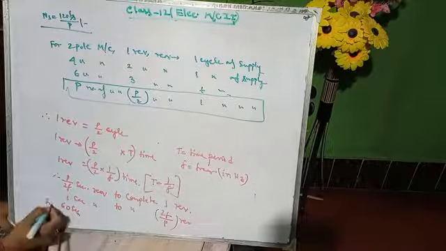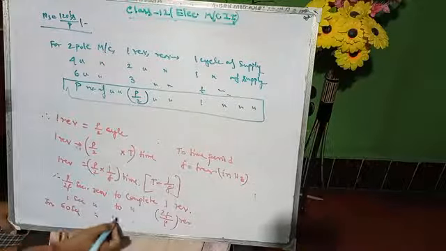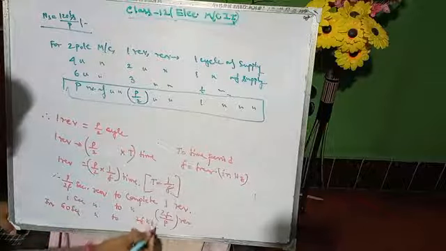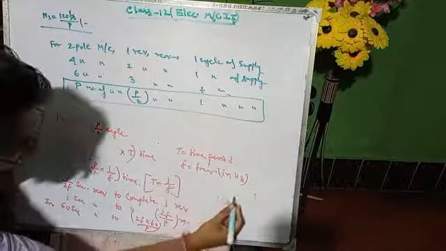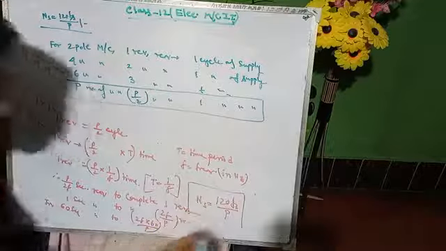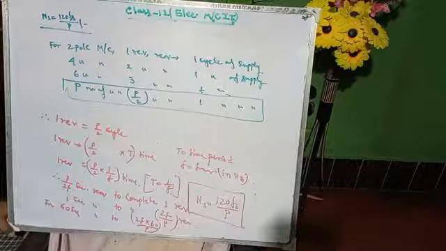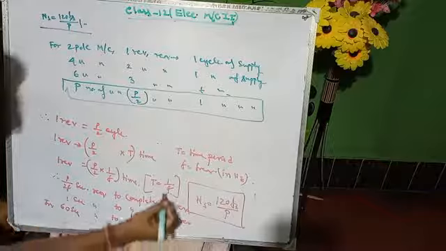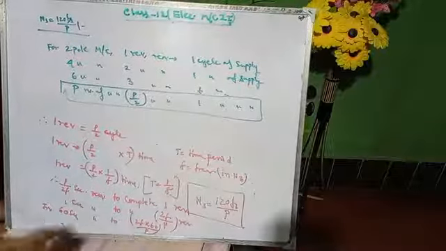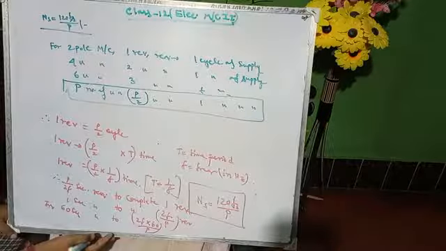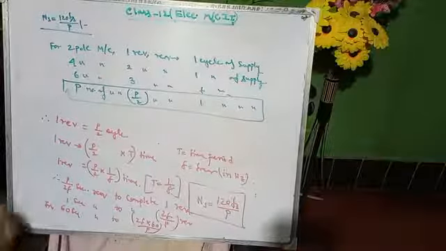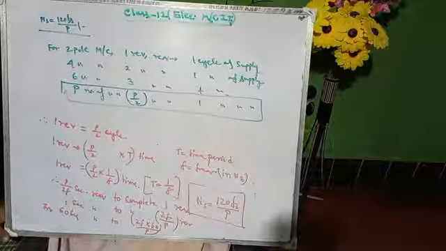In 60 seconds it will be 2f into 60 by P, that is 120 f by P. This is nothing but your synchronous speed, or you can say stator speed, the rotating magnetic field of the stator. So Ns equals 120 Fs by P. Now we can use f equals Fs to denote it as synchronous. So this is the derivation of Ns equals 120 Fs by P.